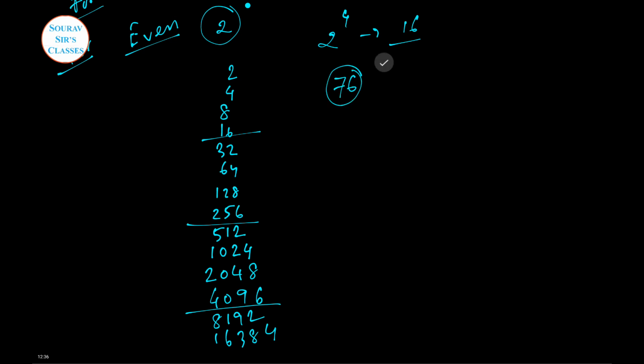You take any power of 76, it will end up with 76. So this one is our first clue. You have to remember. So we have to reach somehow the closest power to 76. 76 raised to any power gives the last two digits 76. Therefore, our purpose is to get 76 as the last two digits for an even number.